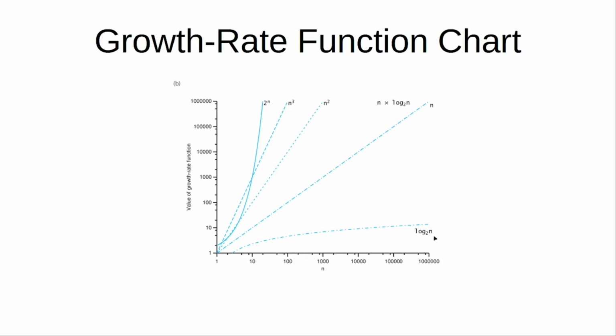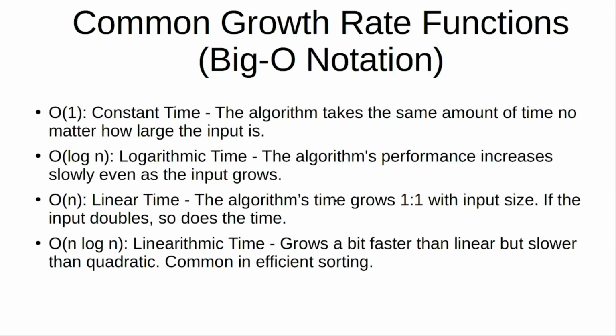So we look at an example like log2 of n. This is growing logarithmically. It's growing rather slowly. And then you see an example that is exponential up here, 2 to the n. This is growing super fast. It is going to get out of hand very quickly. And in the next slide, I will go over the specifics of some of these growth rate functions.